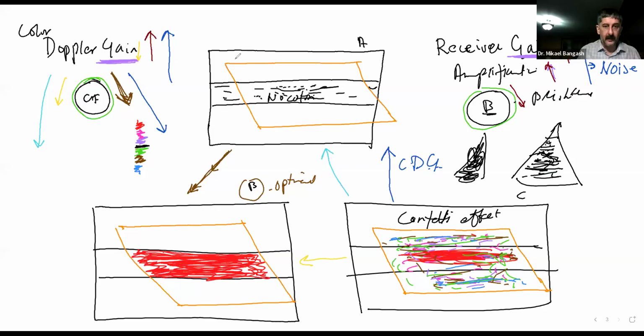They may ask you, how can you fix this? Or how can you make this become this? What will be the steps that you can take? Optimal is the color Doppler gain. They may say, how do you fix this?